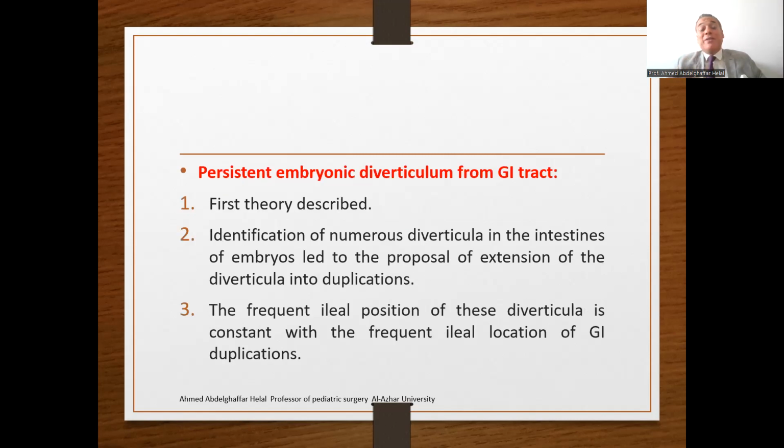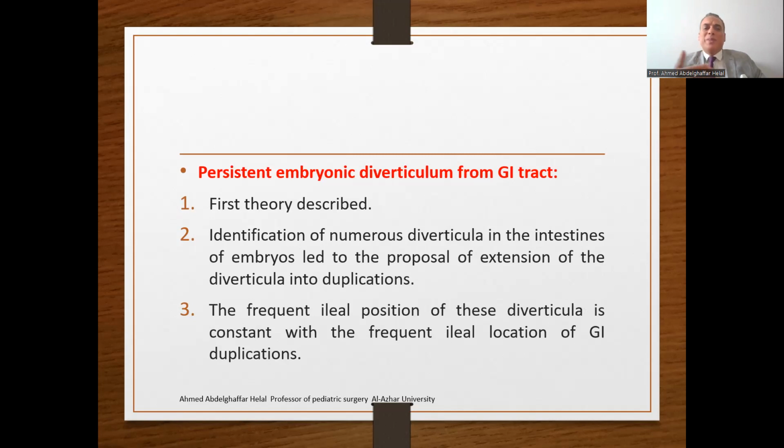Persistent embryonic diverticula from the gastrointestinal tract. This theory is based on the identification of numerous diverticula in the intestinal tract of the embryo, and led to the proposal of the extension of these diverticula into duplication. So they propose that there are multiple diverticula in the intestine of the embryo.